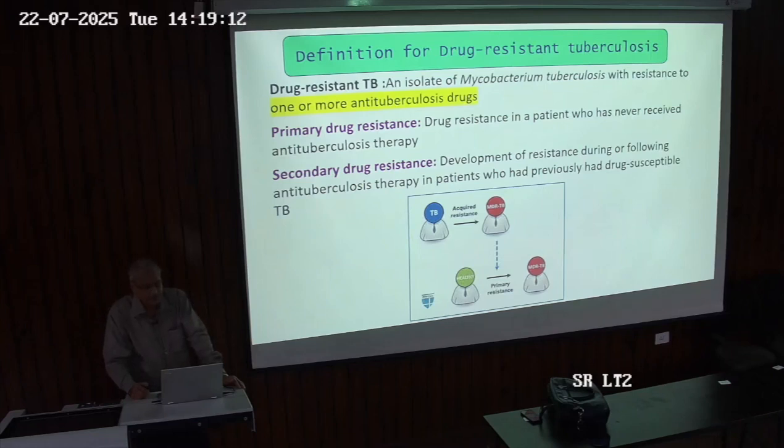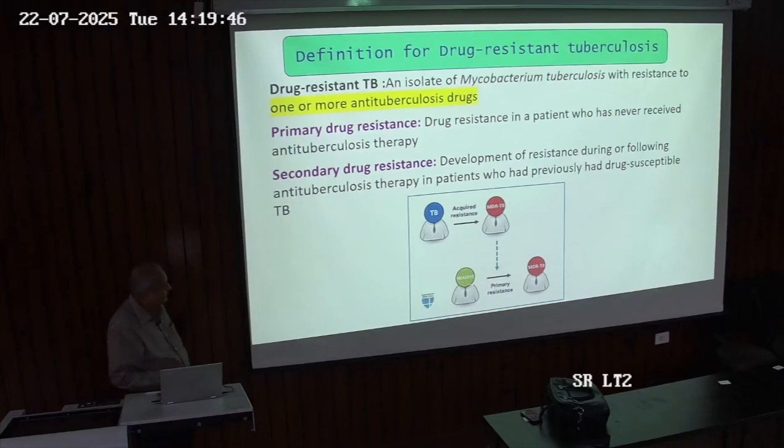So how do we define drug-resistant TB? An isolate of Mycobacterium tuberculosis in the sputum or other specimen with resistance to one or more anti-tuberculosis drugs. Primary drug resistance is in a patient who has never received anti-tubercular therapy. Then acquired, or secondary, drug resistance is the development of resistance during or following anti-tuberculosis therapy in a patient who previously had drug-susceptible TB.